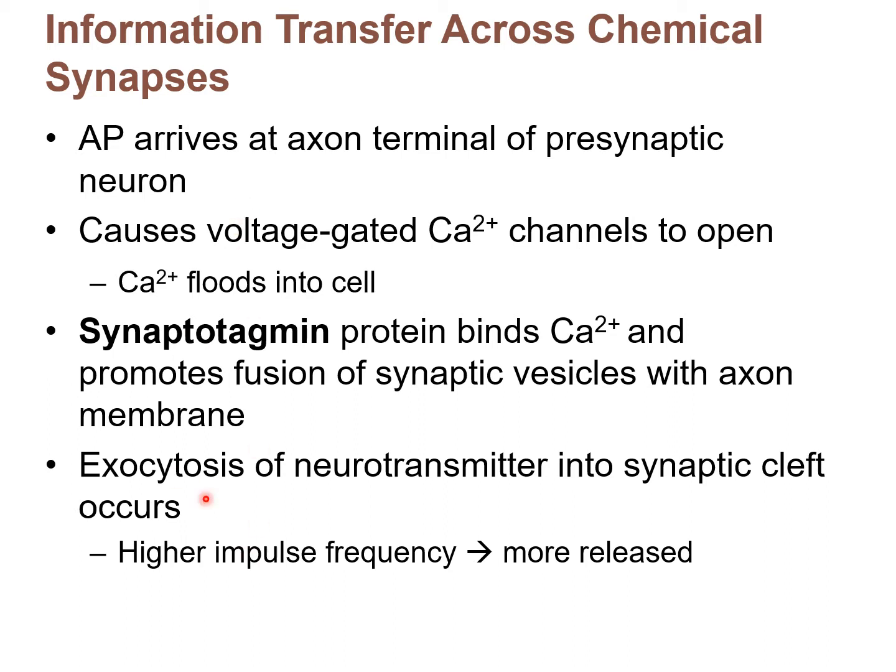So the process is the same. The action potential will arrive at the axon terminal of the presynaptic neuron. Calcium rushes in at that point, which, don't worry about this big word in bold here, and that causes vesicles to release neurotransmitters through exocytosis into that synaptic gap or cleft, which binds to the postsynaptic neuron.